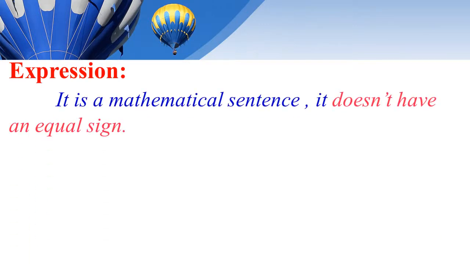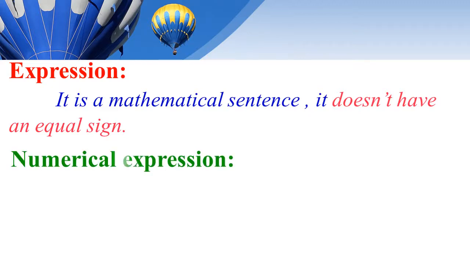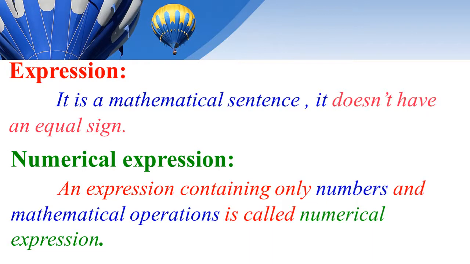So let's see what an expression is. It is a mathematical sentence. It does not have an equal sign. Next, the numerical expression. An expression containing only numbers and mathematical operations is called a numerical expression.